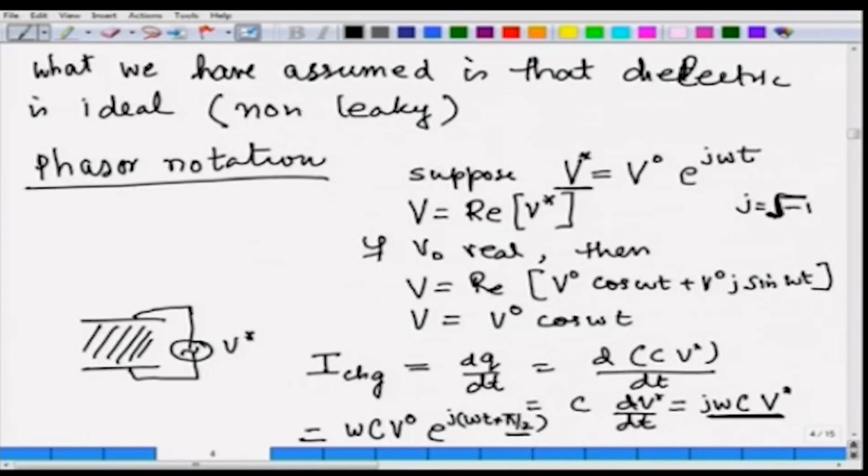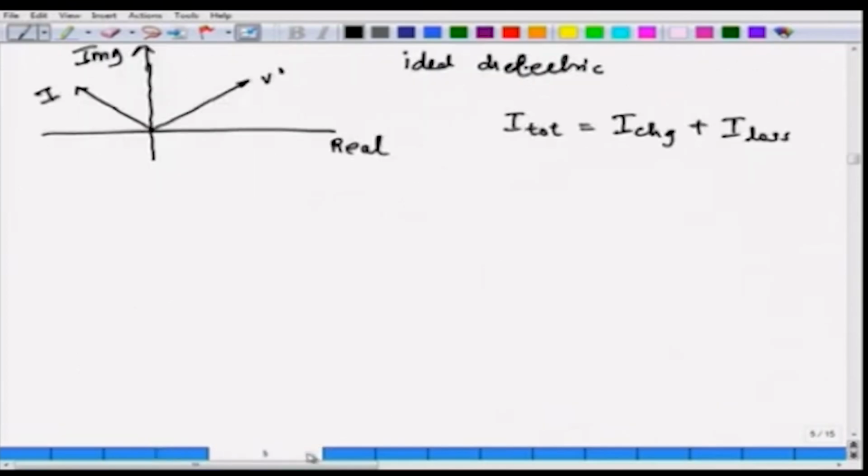So in that case we are going to write the charging current, which is dq by dt, or total current, as the charging current, which is the current for an ideal capacitor, plus some loss. So in that case, this red portion has to be shown. I charging is this current. If I show the loss current as something like this, I loss, then this total current is this current.